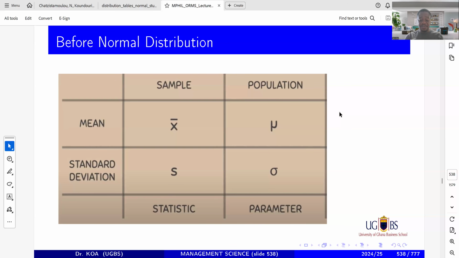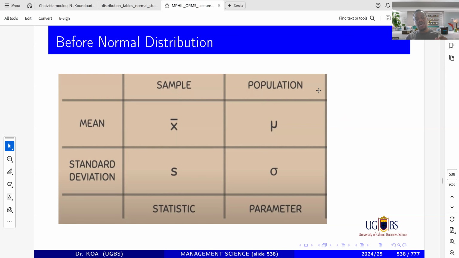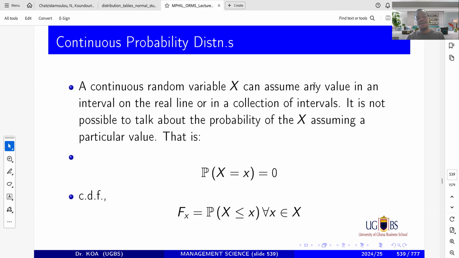These are basic, undergraduate. So with this in mind, let's look at continuous probability distribution, because we have looked at discrete probability distribution. A continuous random variable is not the same as a discrete random variable. By the way, what is a random variable? Look at the word random. It happens by chance.